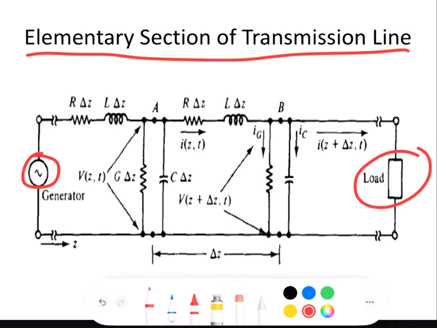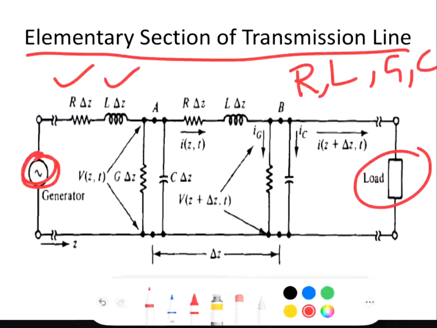For this derivation, you are basically considering the parameters R, L, G and C. When you want to analyze the transmission line, here we basically take a component of it. In this circuit, you can see that we have the generator, the resistor, the inductor and the conductance G, and the voltage applied across the input is V(z,t).